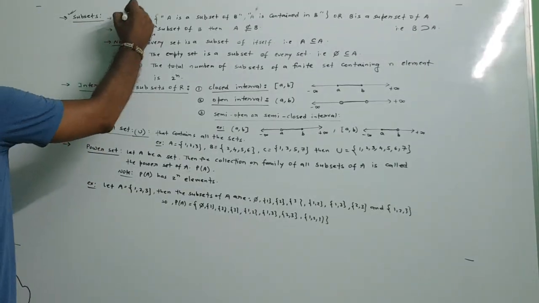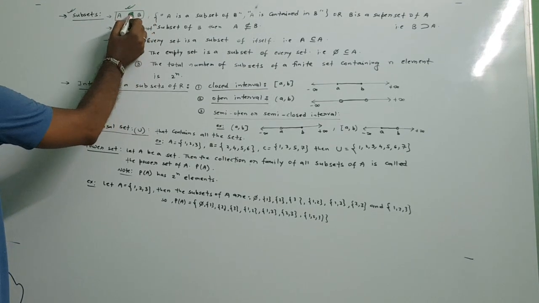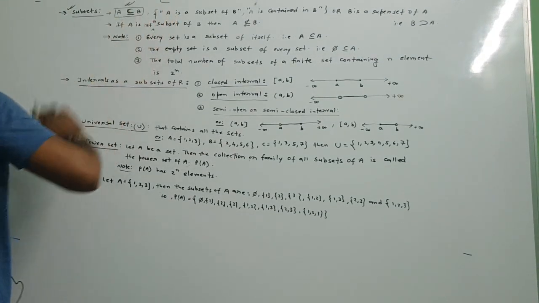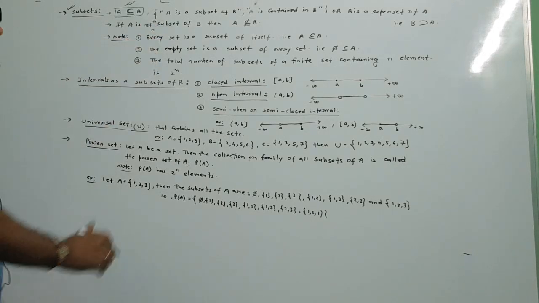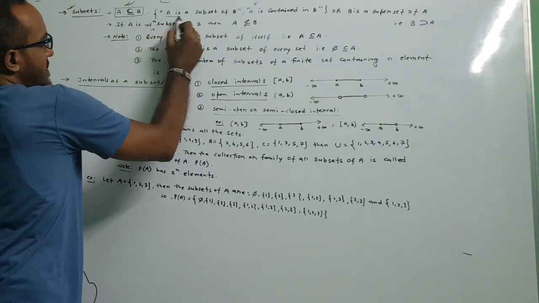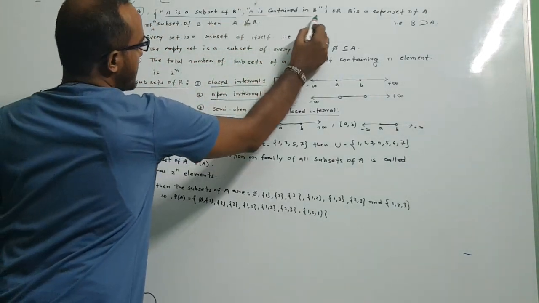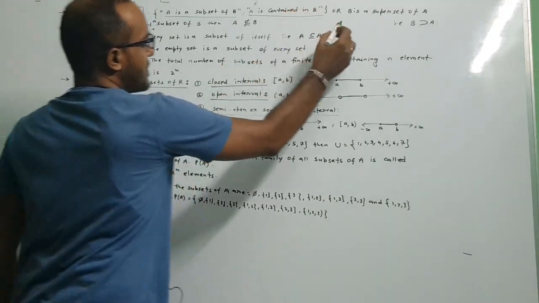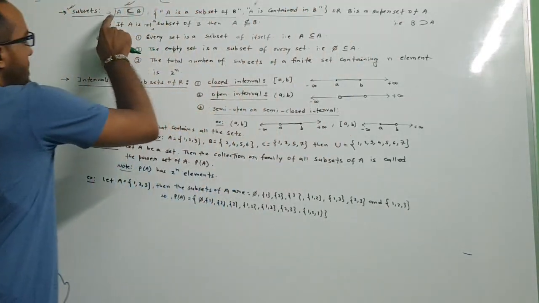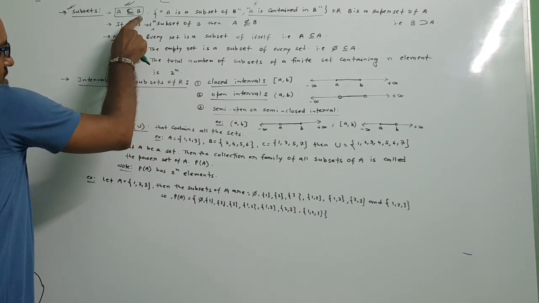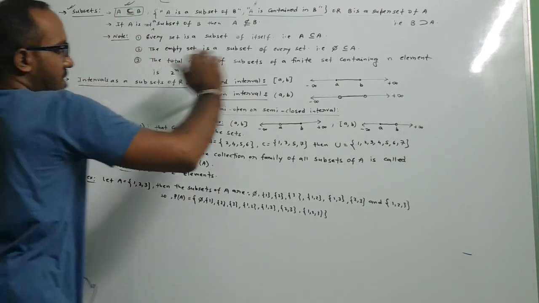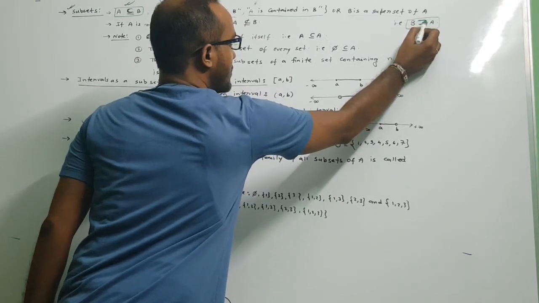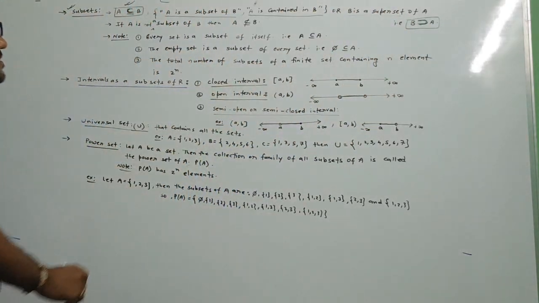If A is a subset of B, subset is represented by this symbol, it is read as A is a subset of B or A is contained in B, or inversely B is a superset. If A is a subset of B, then B is a superset of A, and superset is represented by this symbol.